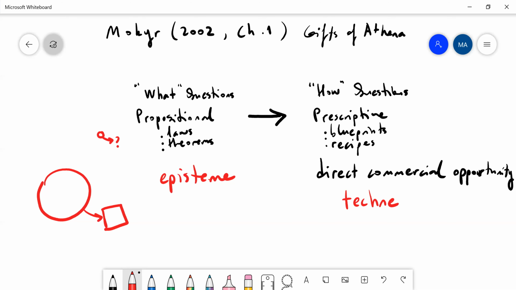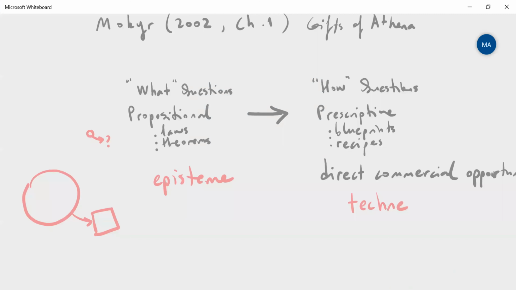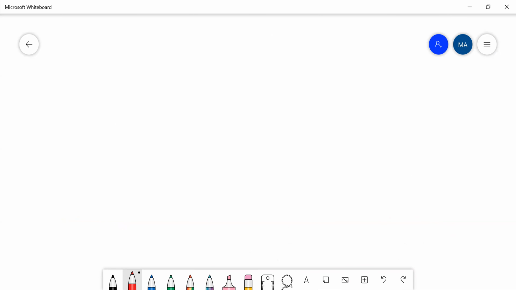All right. But knowledge has to be embodied, right? Somebody needs to know these things. So how does it work? To understand that, Mokyr offers a theory of ideas, actually.